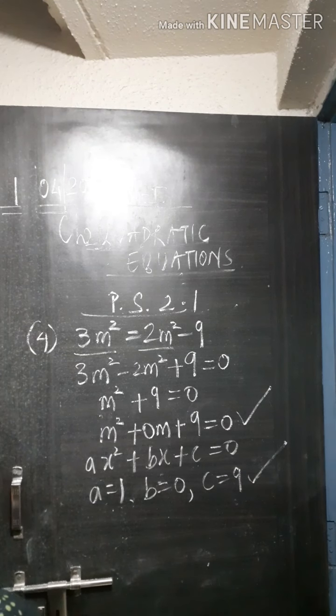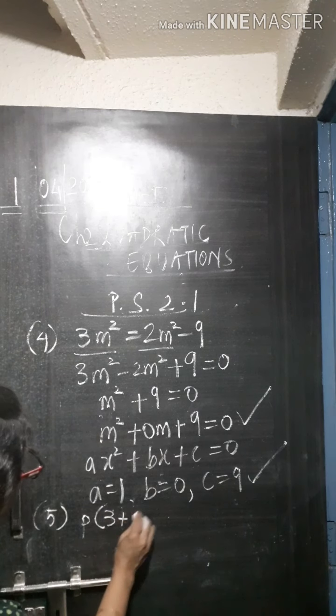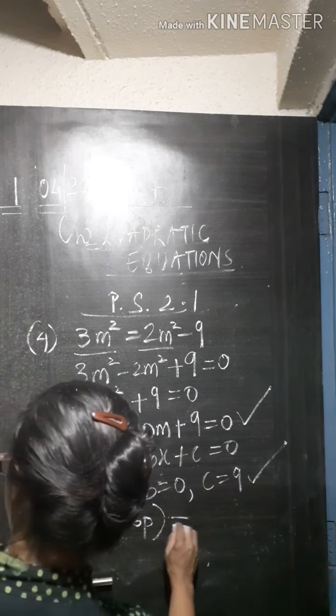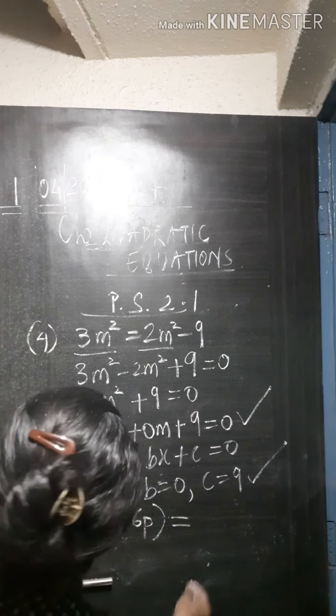Question number 5. Here we again just have to open the bracket. p(3 + 6p) = −5.